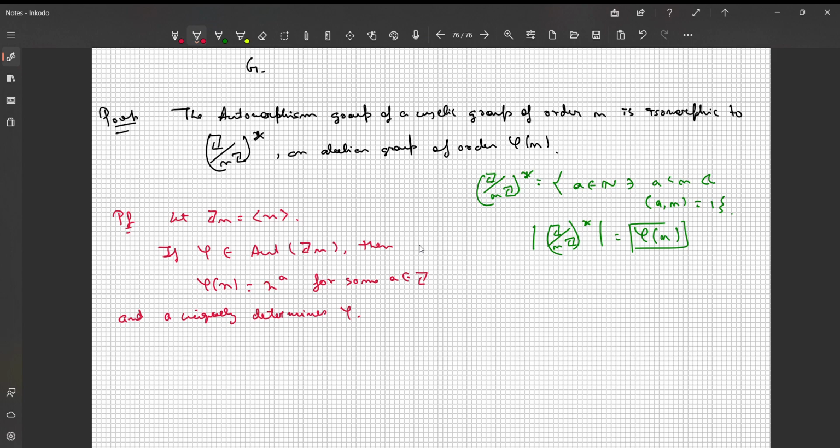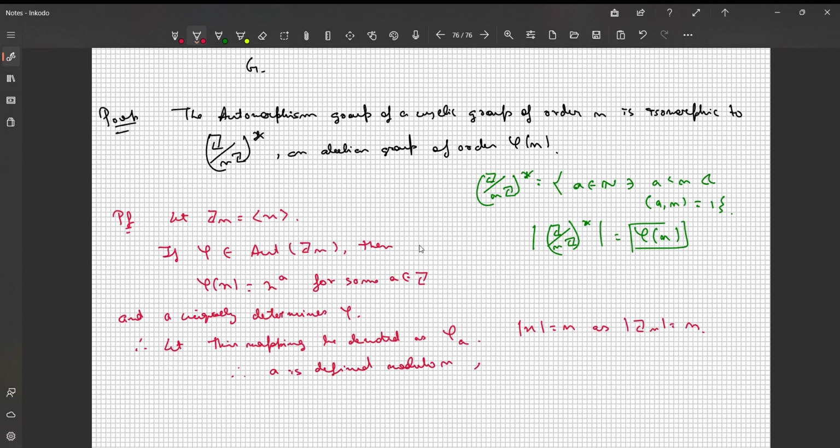Therefore, let this mapping be denoted as psi a. Clear? Now the order of x is n as the order of Zn is n. Therefore, a is defined modulo n.